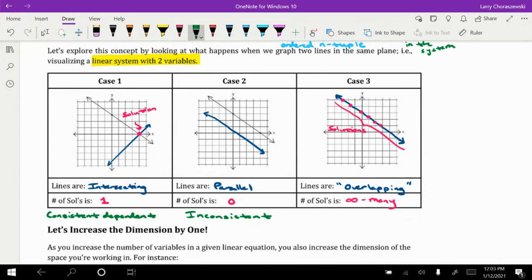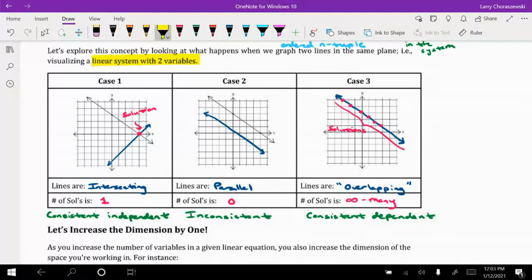And there's a special name for a system such as this. It's called consistent dependent. I'm noticing I may have forgotten something with the case 1 scenario. This is consistent, my apologies for this, by the way, consistent independent.